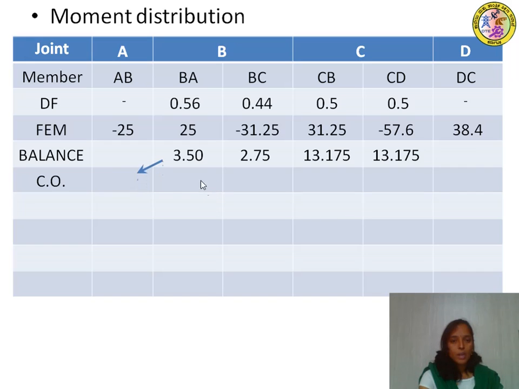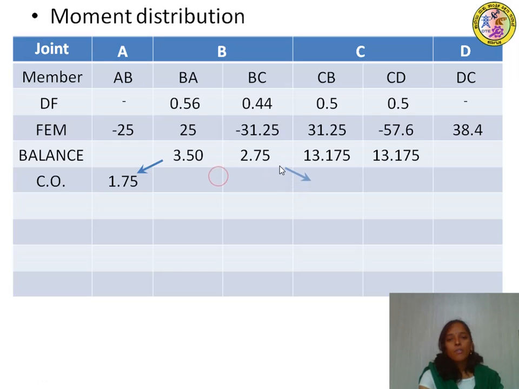So half of 3.5 is 1.75. That moment will be carried by the member AB. 3.5 is the moment distributed by member BA, so half of this moment will be carried by the member AB.